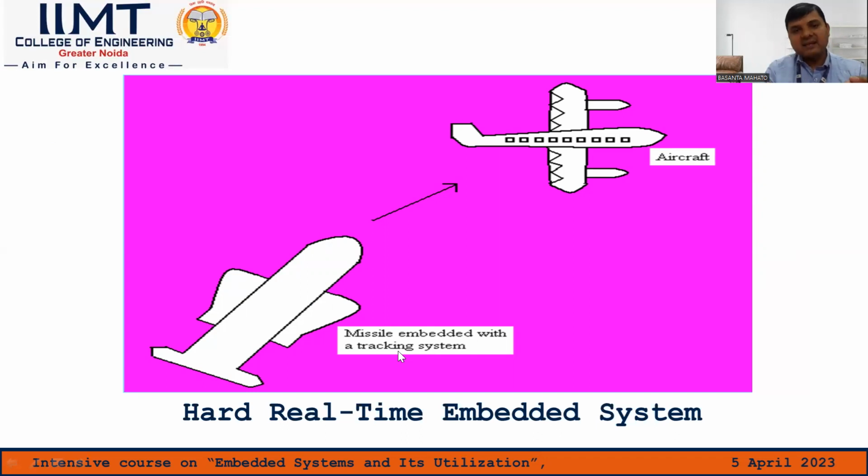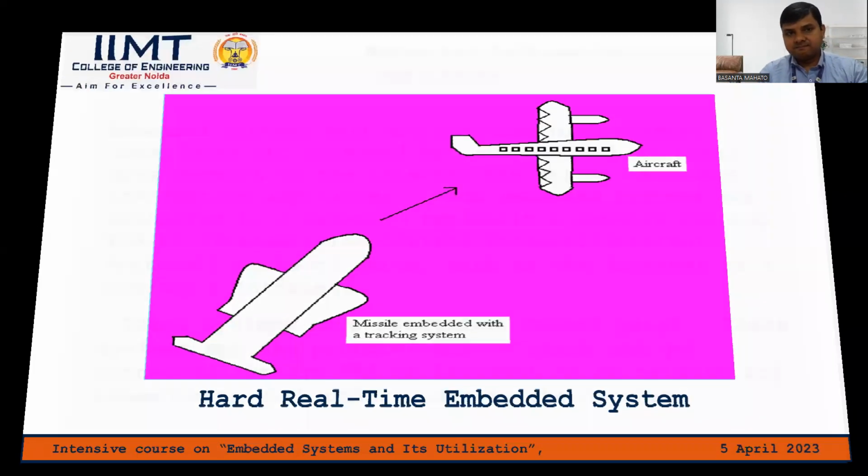The missile may hit another place, or before reaching the target it catches fire, so the task is not performed at that particular time. These come under hard real-time embedded systems.